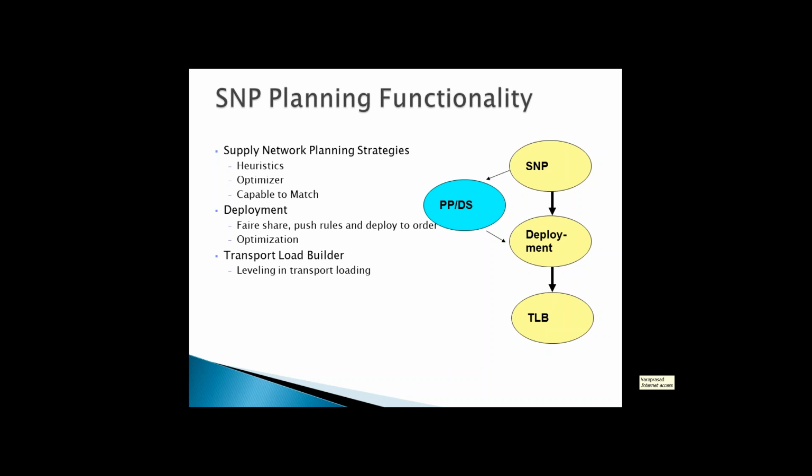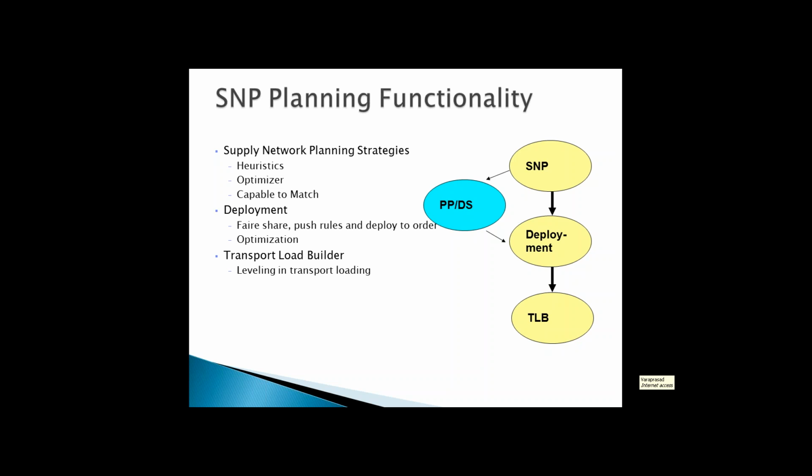Whereas optimizer and capable to match are finite planning. Meaning in the same situation, if you run the optimizer or capable to match, while planning itself the system says that I cannot manufacture 1000 laptops in 1 month. So it will split that 1000 quantity over maybe the next 10 months. Are you getting the exact difference between finite and infinite?